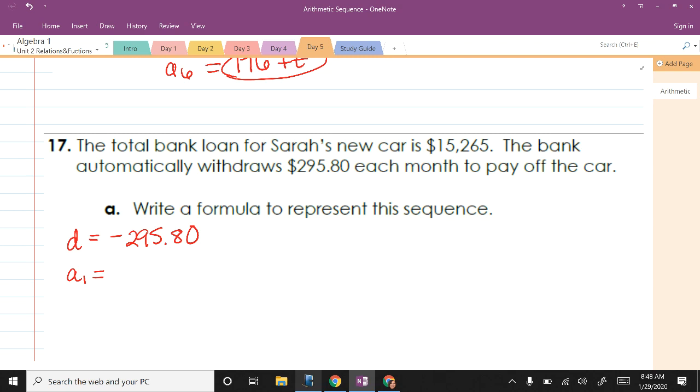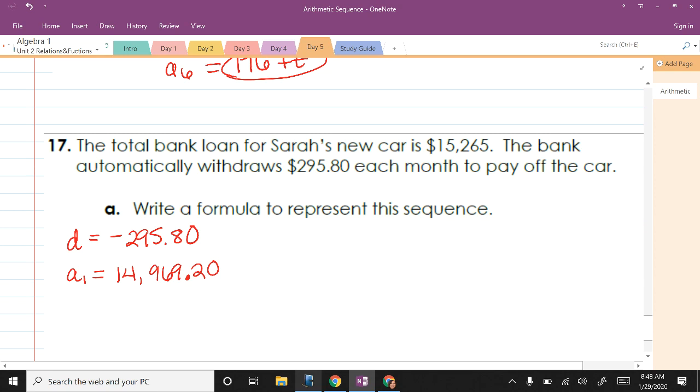So A1 is $14,969.20. Y'all see that? The balance after the first payment. Yes, because that's what that common difference does to us, being a negative. Y'all see where I got A1 from? I make one payment.